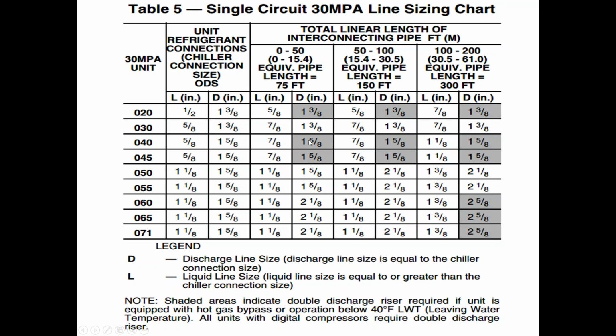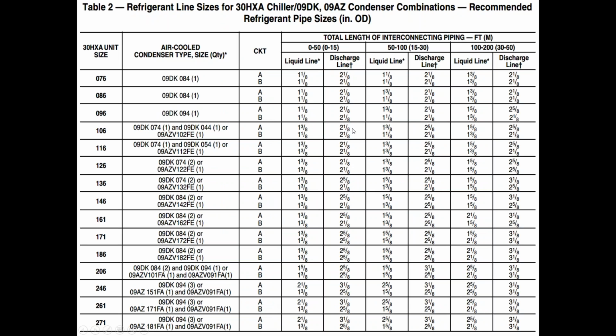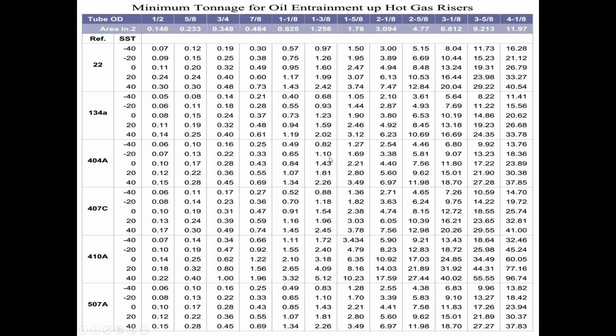Now, if you need double discharge risers, like in the case of this chart, we'll go back here. I said, okay, I've got the T on here, go down to the note. If I've got a minimum load valve, I need a double discharge riser if the condenser is above. Again, it's based on a minimum tonnage for oil entrainment in a hot gas riser.